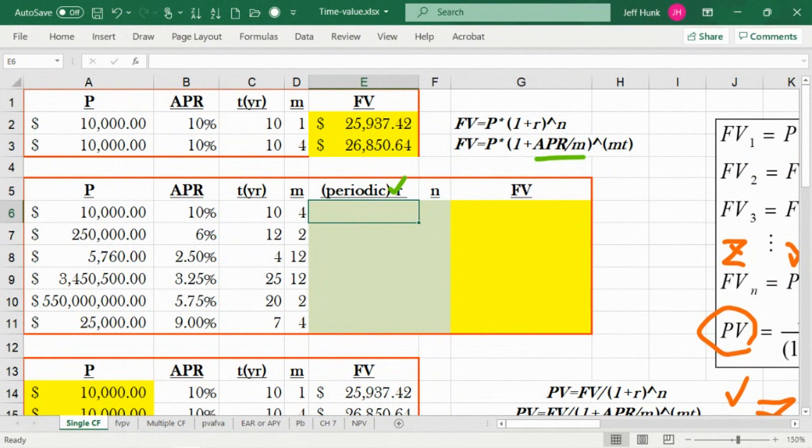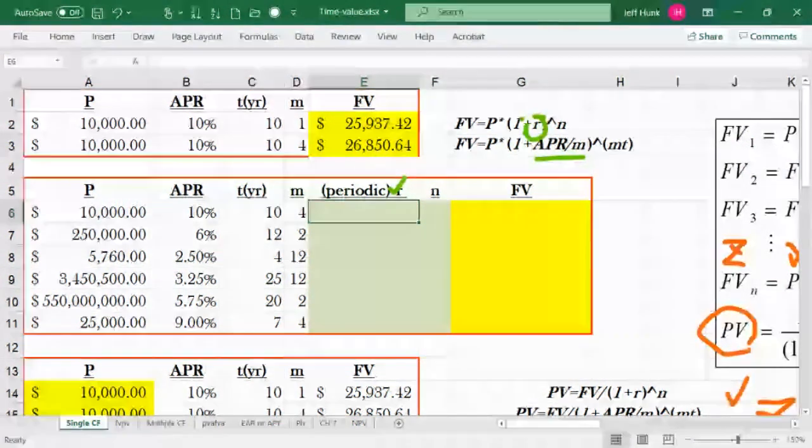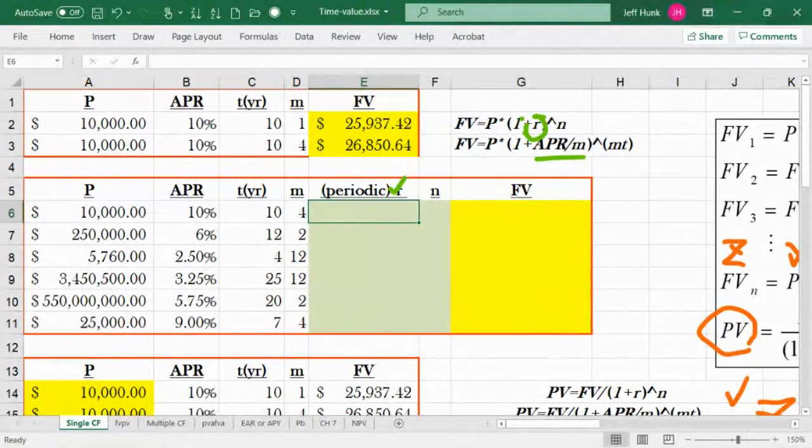And periodic rate is the actual rate that applies to compounding. So we don't have to throw away the symbol R, because that is the periodic rate. Depending on the compounding frequency, the periodic rate will vary, right?